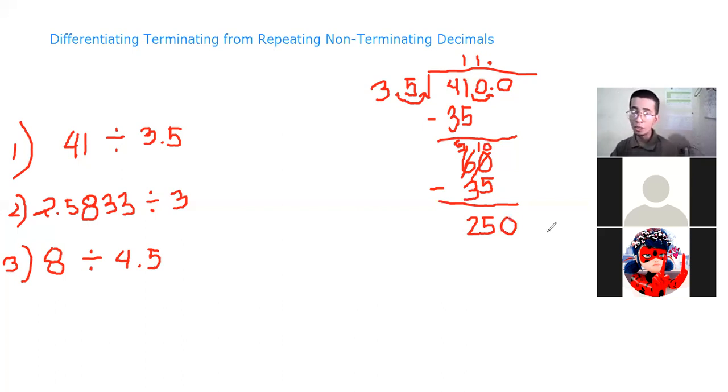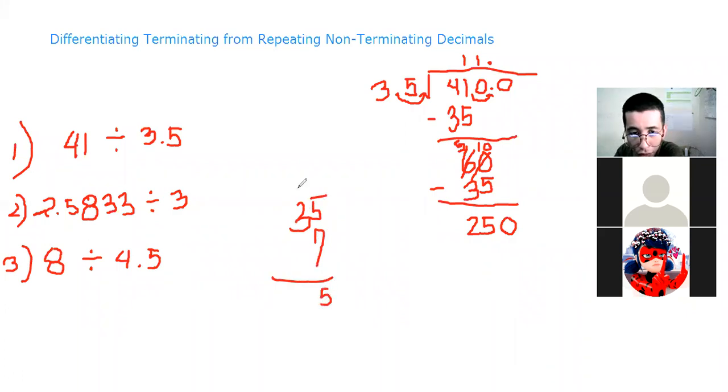Ngayon, 250 divided by 35. Ilang 35 meron sa 250? Isip tayo. 1, 2, 3, 4, 5, 7. Try natin sa 7. 35 times 7. 5 times 7, that is 35.